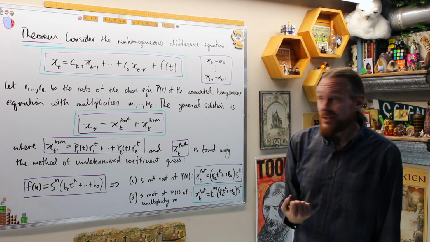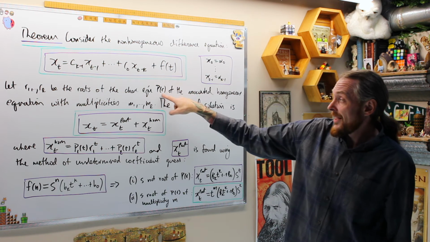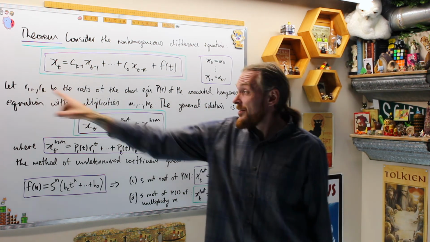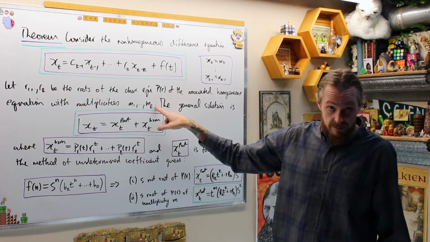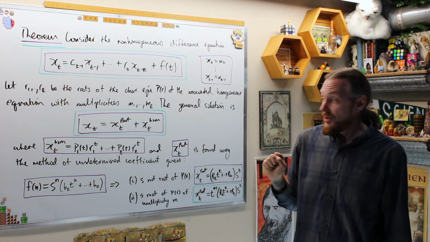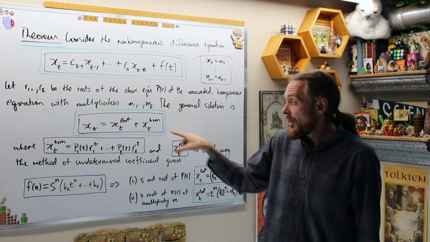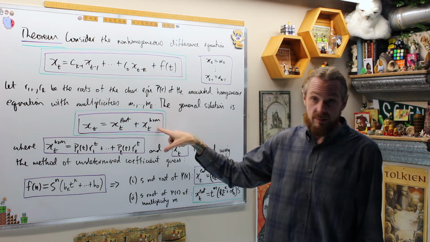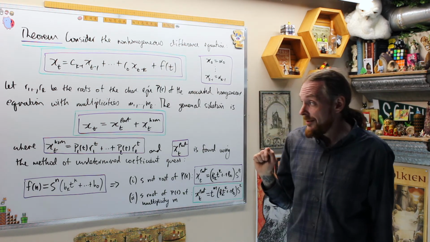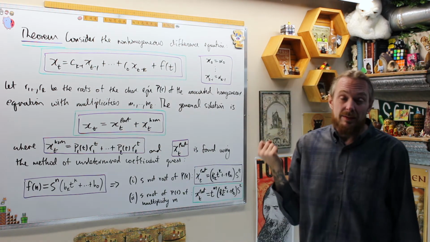Again, just like in the homogeneous case, we have the associated characteristic polynomial p of r. Assume that we've factored that, found all the roots and the multiplicity of those roots. Therefore, the general solution of the non-homogeneous equation is going to be a linear combination of the homogeneous part, where I let this be 0 and solve as in the last theorem, and then plus a particular solution.